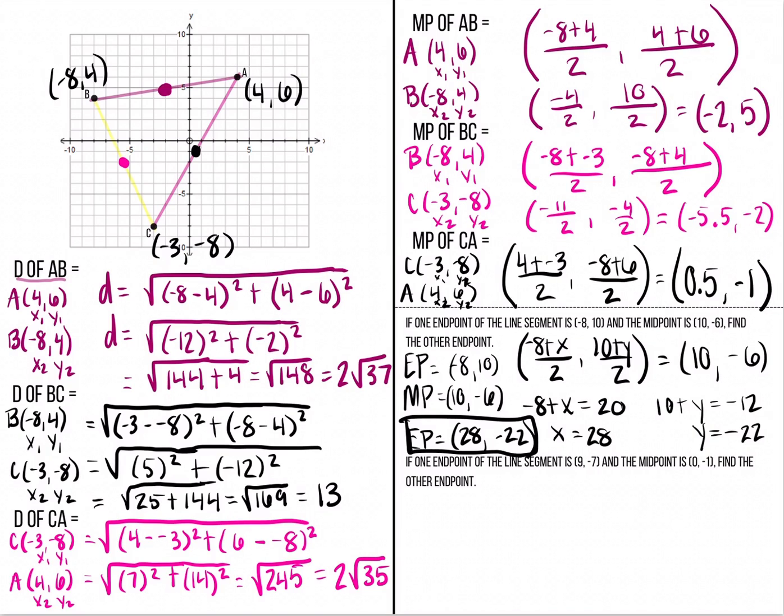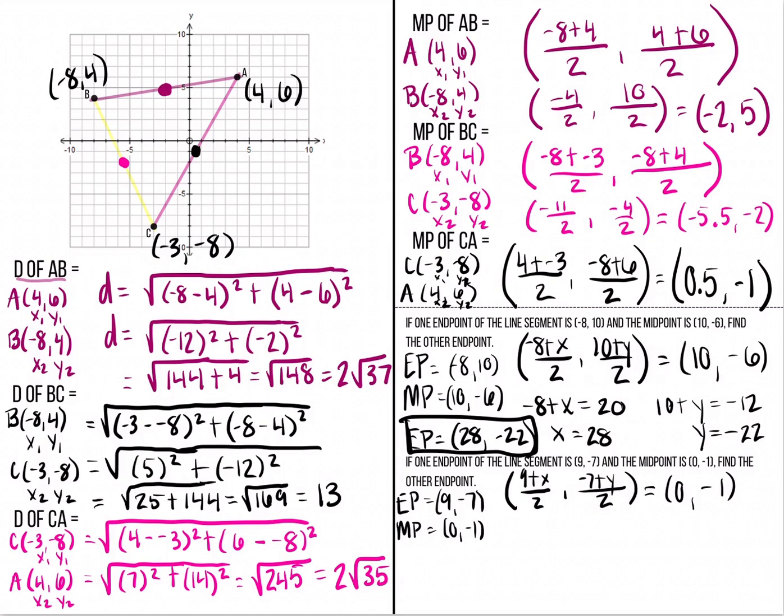So let's do the next one. So the endpoint is (9, -7). Okay? And the midpoint is (0, -1). So I know that 9 plus x and -7 plus y divided by 2 is equal to the midpoint, (0, -1).